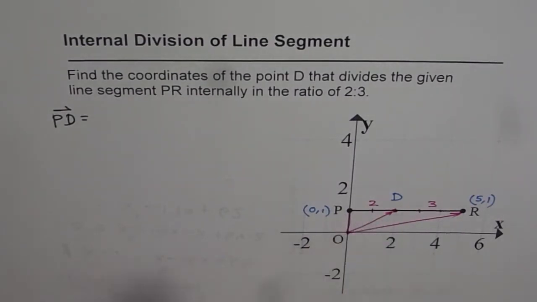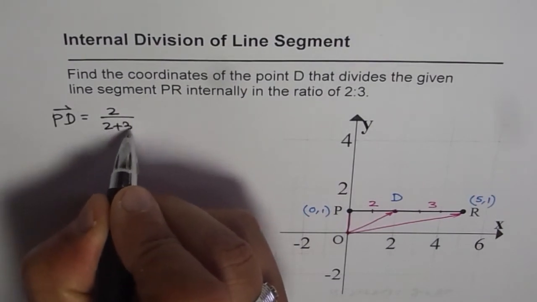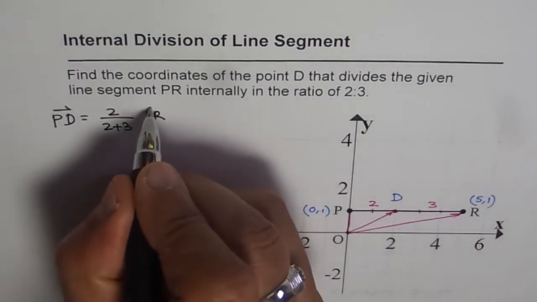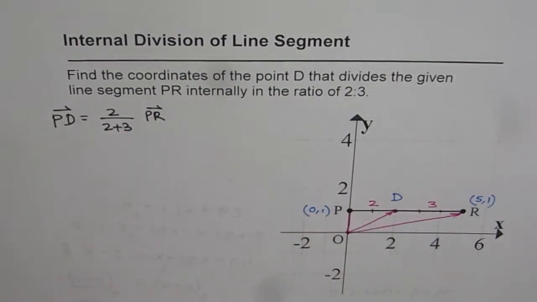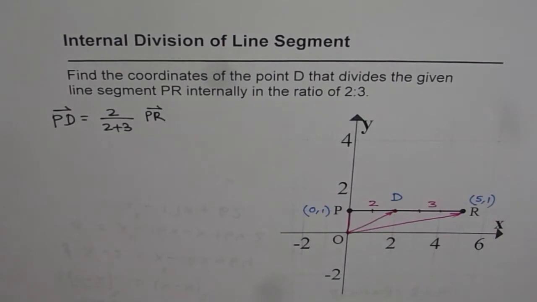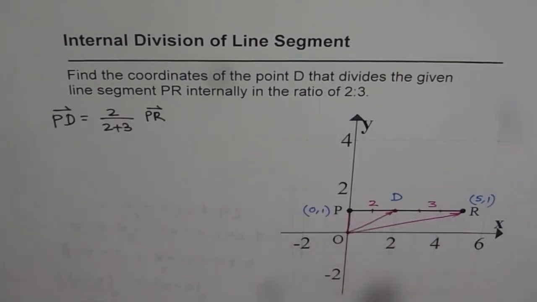So PD is 2 over 2 plus 3 of PR, right? So that is what PD is. I'm purposely not adding them for now. So we get some relation between PD and PR.